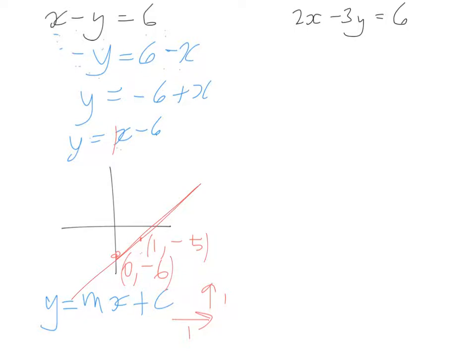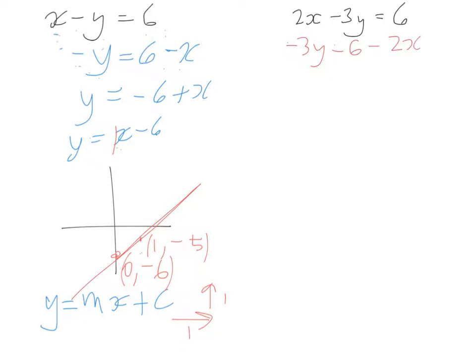Next one along, a little bit more in terms of transposing, but not heaps more. So we'll take this 2x, subtract it from both sides to turn it into negative 3y equals 6 minus 2x.